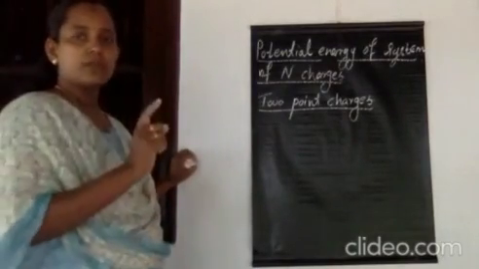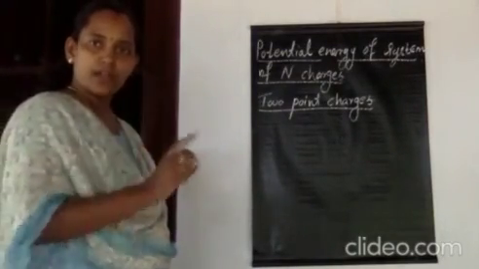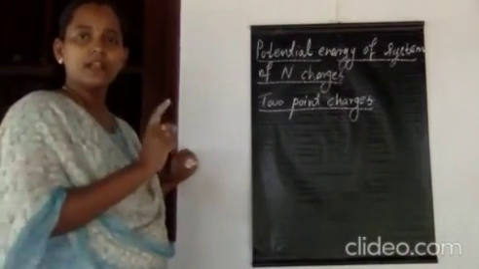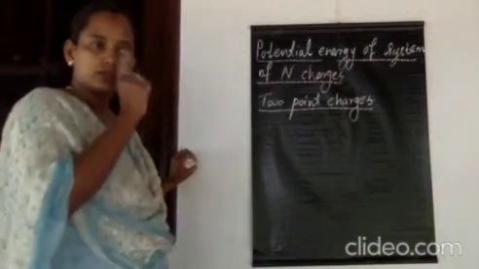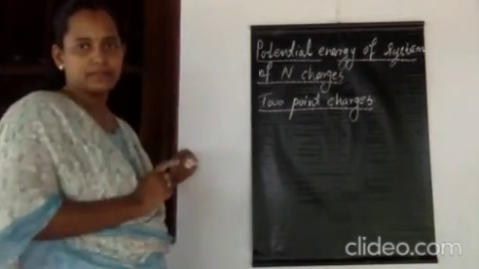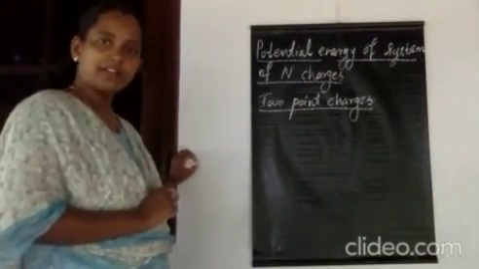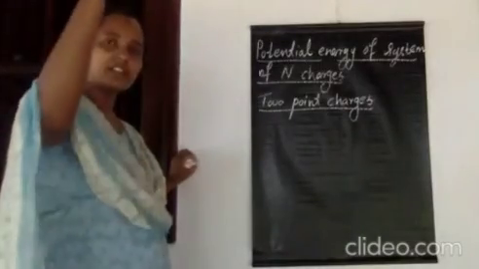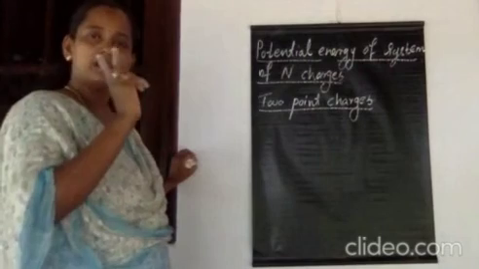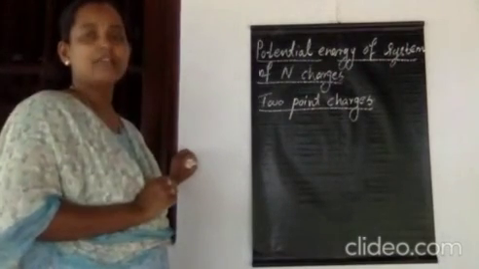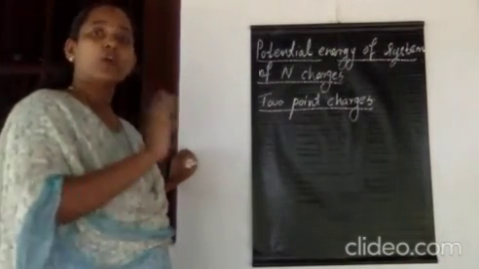First we want to find the work done to bring a charge from infinity to a given point. That is the first charge. And then we want to bring the second charge into the presence of that first charge. Then that will be a system of 2 point charges. And we want to calculate the total work done.